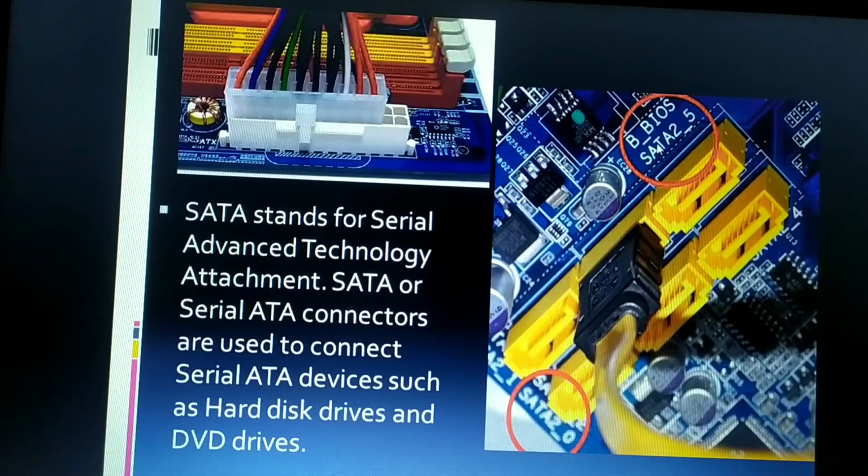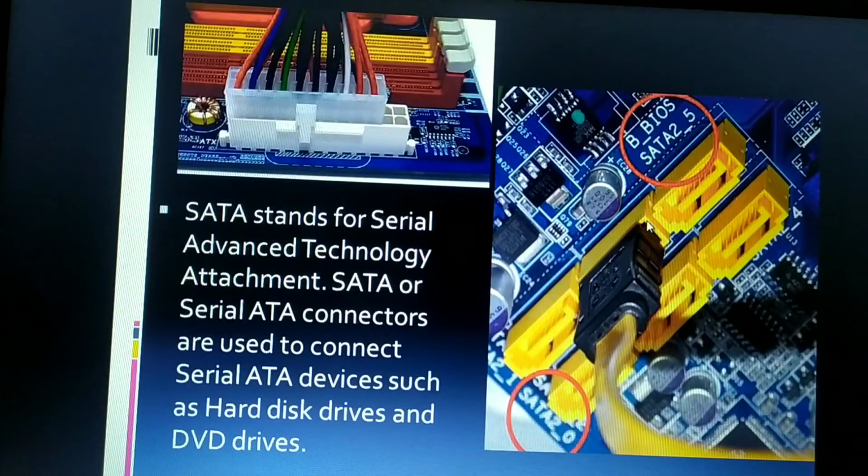They help you connect hard disk drives or DVD drives. We use the primary and secondary IDE interfaces to connect the CD-ROM or external hard disk. You can connect hard disk drives and DVD drives to your computer system using the SATA connector. So these are the SATA connectors.